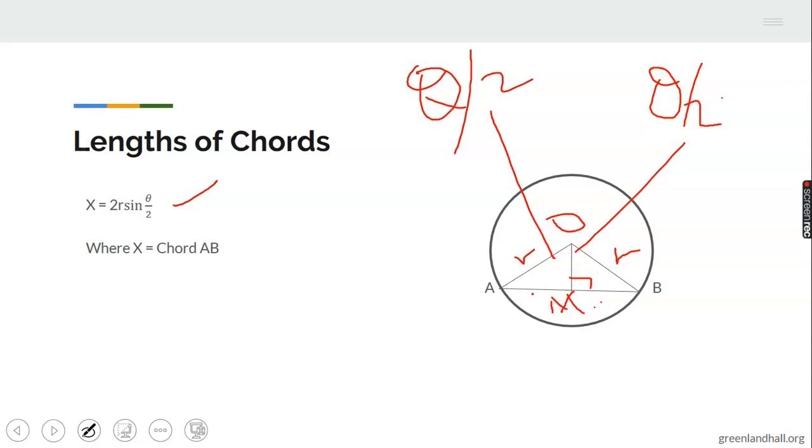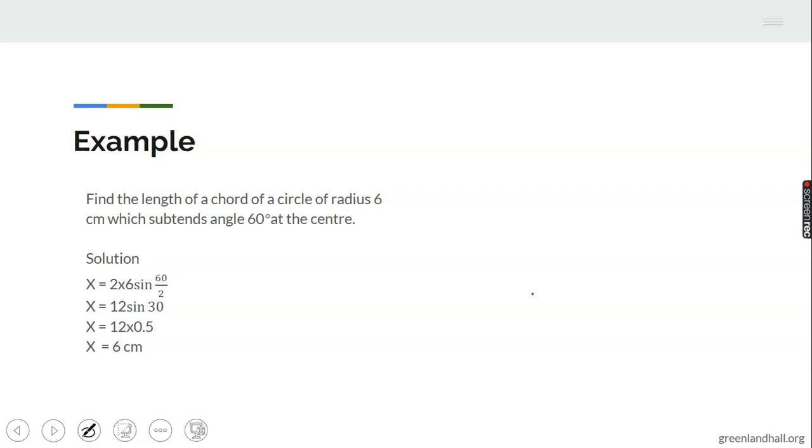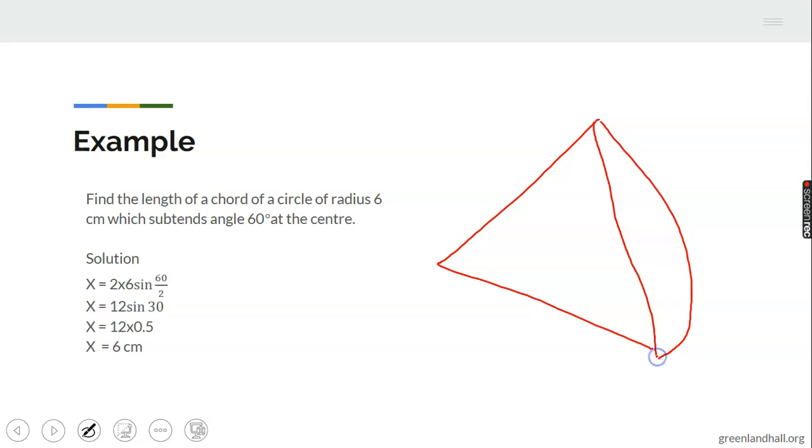So using that formula now, I will give you this example. Find the length of the chord of a circle of radius 6 cm which subtends an angle of 60 degrees at the center. This is the chord.